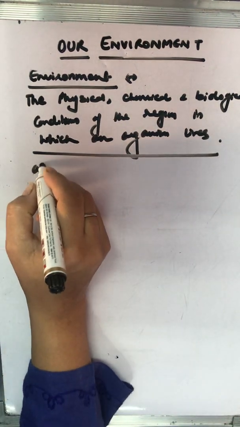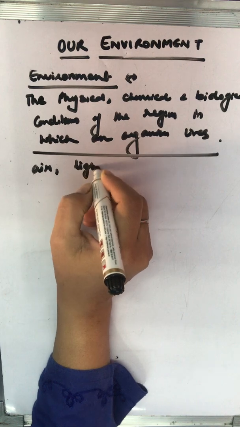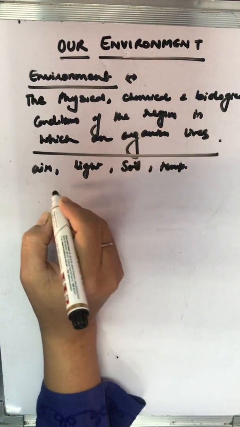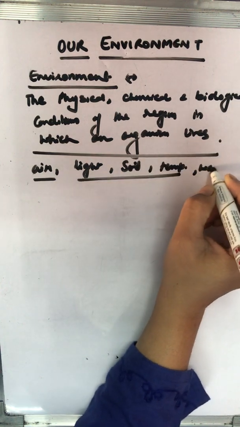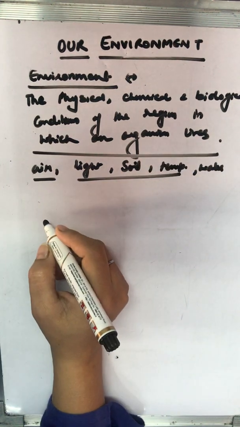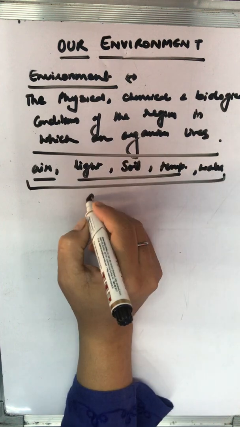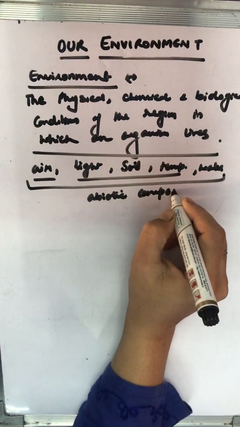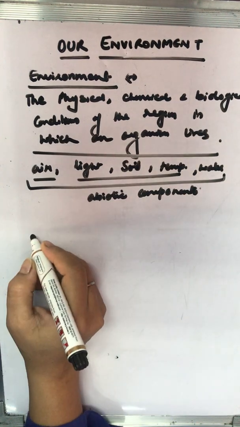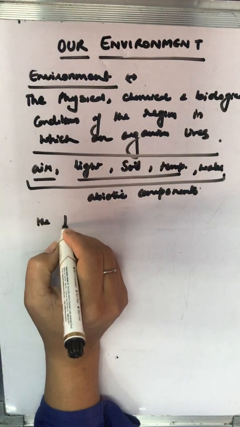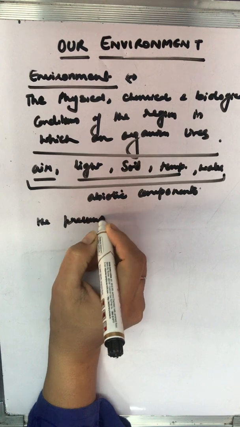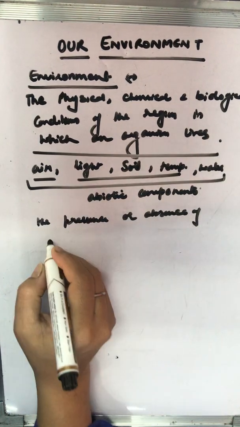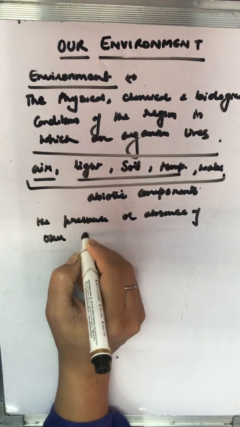It includes air, light, soil, temperature, water, as abiotic components, along with the presence or absence of other organisms.